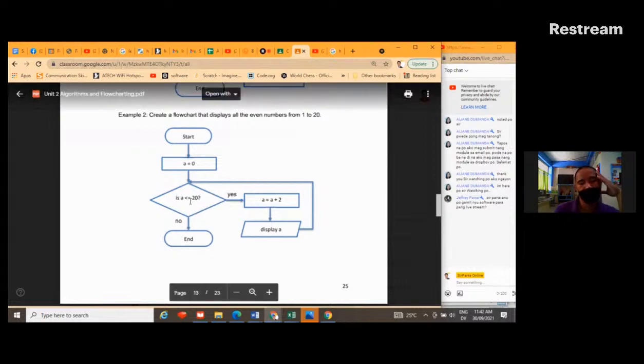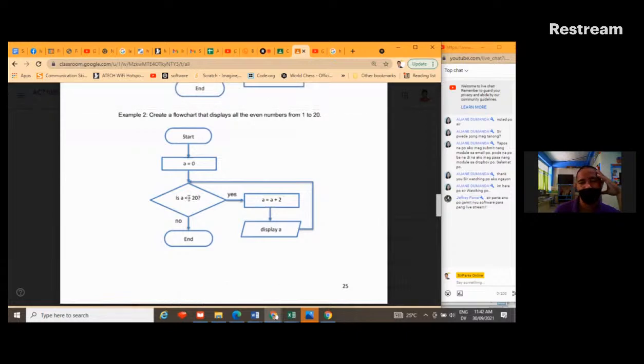So let's try to remove it, guys. You have to remove the equal sign in order to display the numbers for 20. Okay, so I hope you get it right.